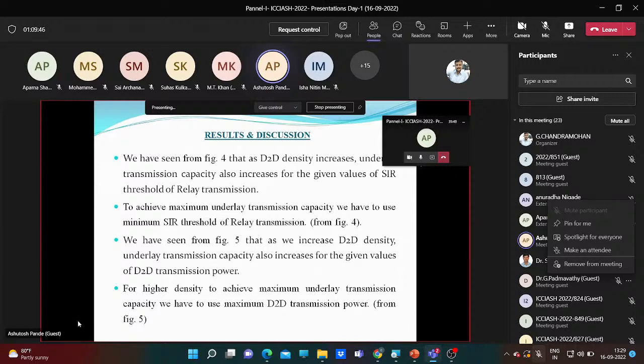And from the next figure, we get that as we increase device to device density, underlay transmission capacity also increases for the given value of device to device transmission power. For higher density, to achieve maximum underlay transmission capacity, we have to use maximum device to device transmission power.